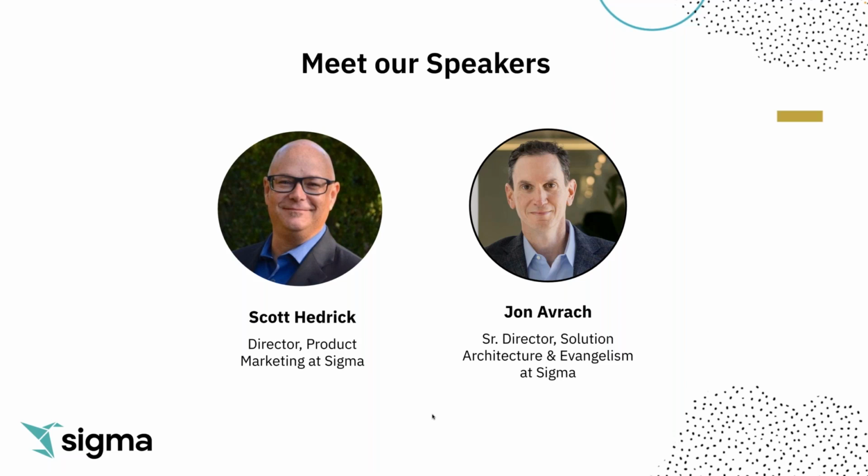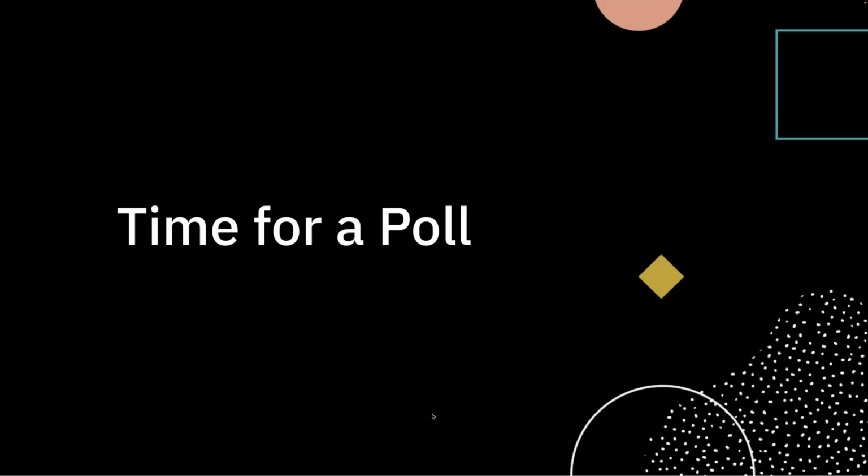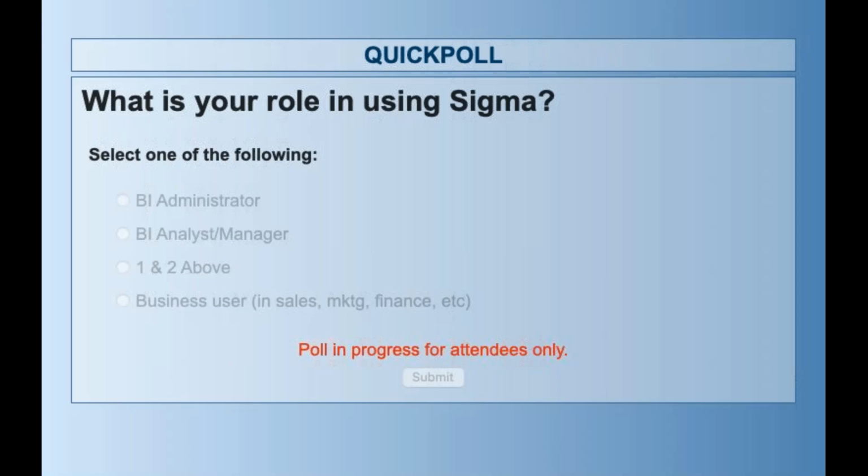So before we jump into Jon's presentation and demos of the new features, we have a couple of quick poll questions for you, so we can better understand who's joining us today and adjust the talk track to match the audience. So here's the first one. What is your role in using Sigma? Please just quickly select one of the following options: BI administrator, BI analyst or manager, both of those, or a business user.